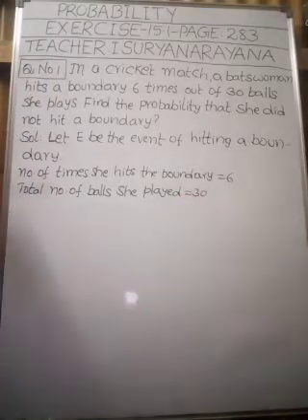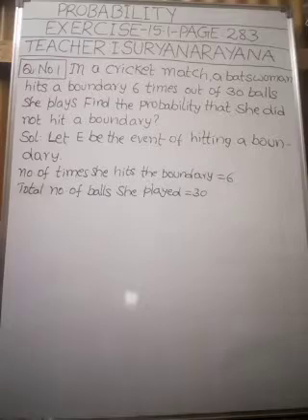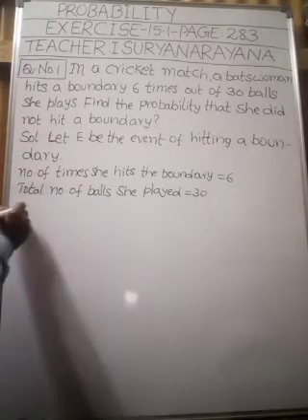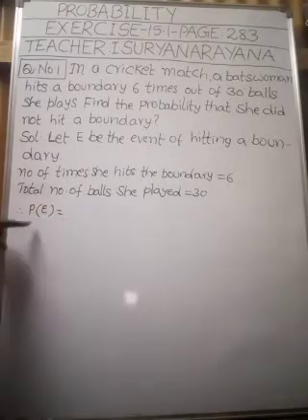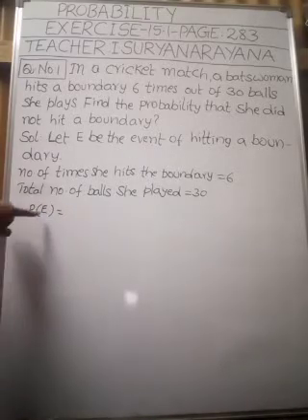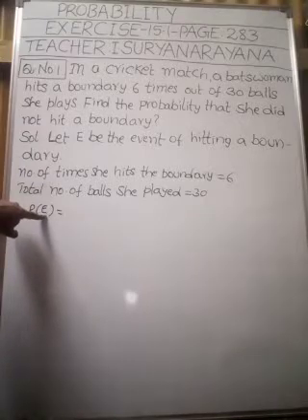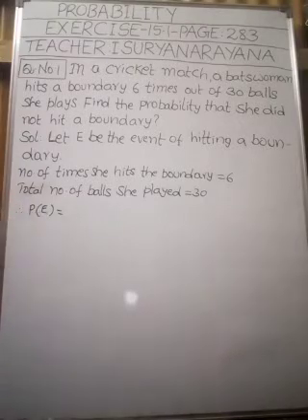How many balls she played here? 30 balls she played. So let us find the probability of this event E. Okay, my children. Therefore, P of E. This notation denotes the probability of the event E happening.